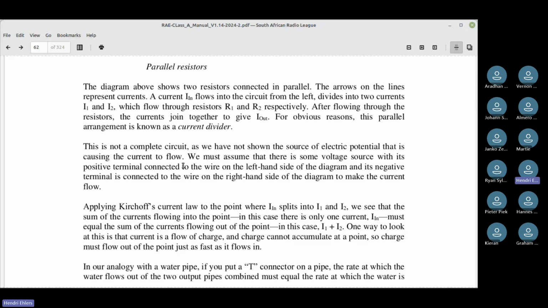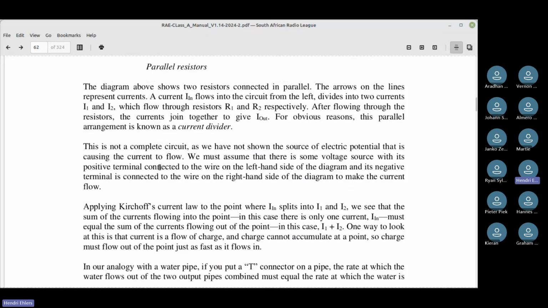This is not a complete circuit, I know, because there's no power supply. As we have not shown the source of the electric potential, which they said they're going to call voltage, and they don't, that is causing the current to flow, we must assume that there is some voltage source with its positive terminal connected to the wire on the left-hand side of the diagram, and its negative terminal connected to the wire on the right-hand side, to make the current flow.